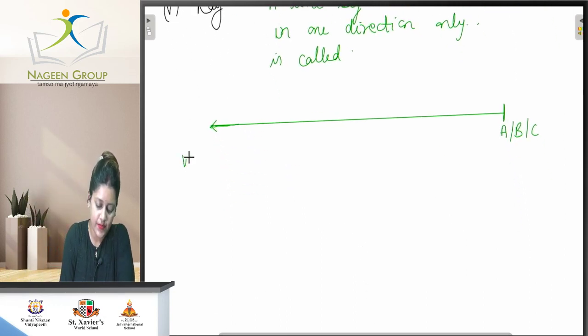After that, the 6th definition, that is opposite ray. What is an opposite ray?